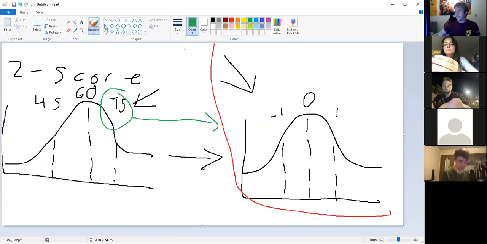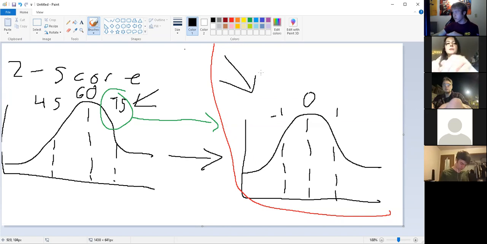So if you have the green one over here, you did a study and you found these answers. If you convert your answers to z-scores, then you're using the red graph on the right as your comparison for percentages and stuff.